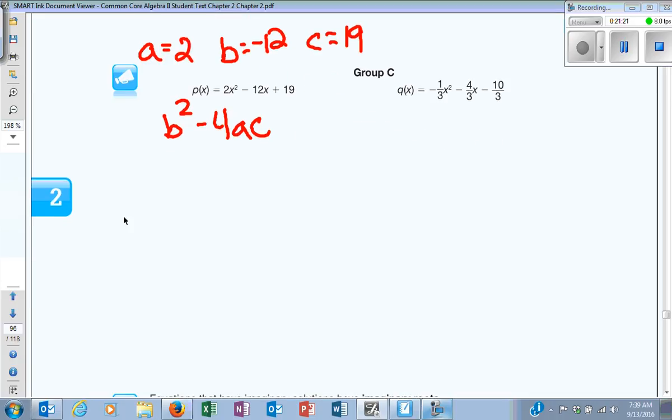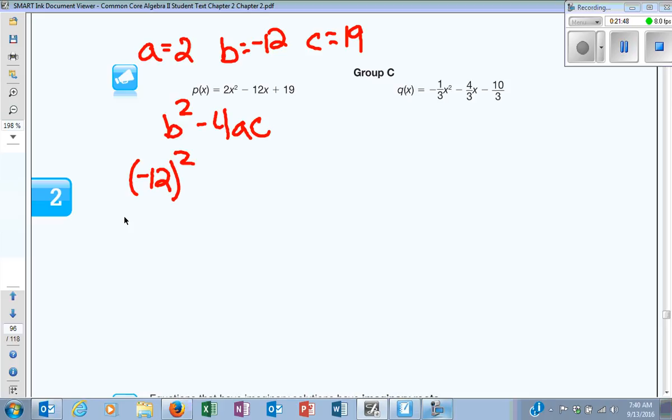B squared. Now notice, remember how from middle school they asked you whenever you plugged in, what are you supposed to use? Back in middle school, your teacher should have told you, whenever you plug in, you always use parentheses. Here's the reason why. We learned today, is there a difference between this, Sarah?